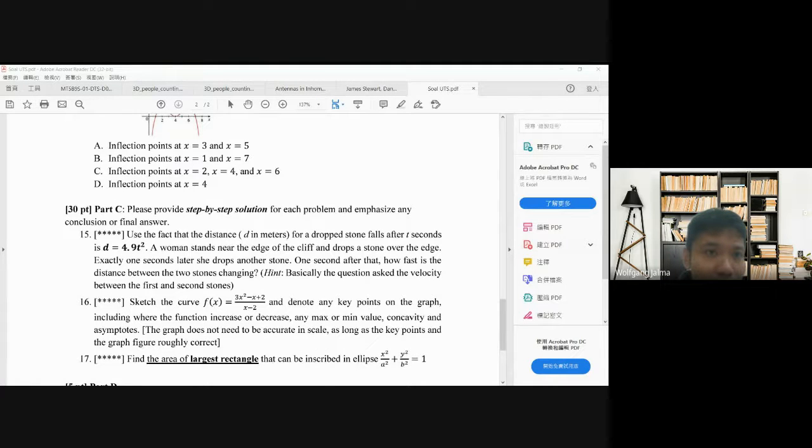Wait, this should be f inverse. So the f inverse of x is simply x minus 5.